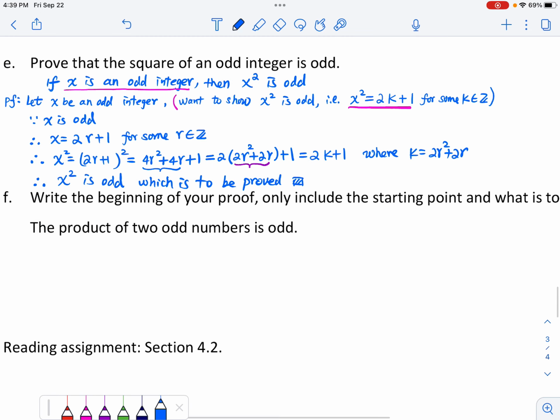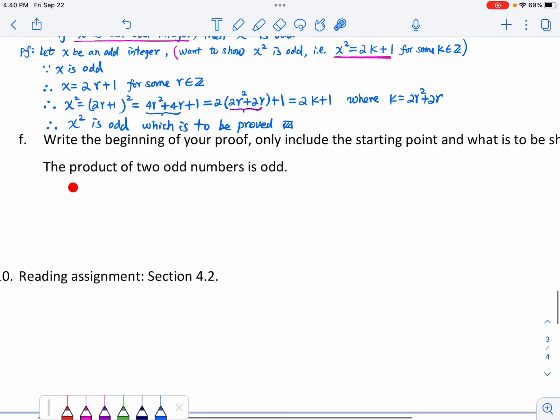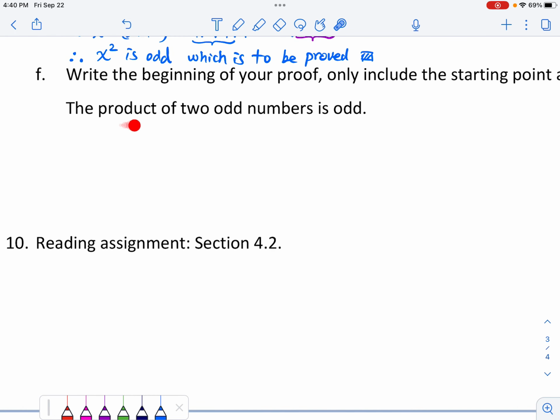All right, let's quickly take a look at the next one. Right at the beginning of your proof, only include the starting points and what is to be shown. You don't have to finish your proof, but you're welcome to. Here, the product of two odd numbers is odd. Because we have two odd numbers, we need two variables. Let's first rewrite that into a universal conditional statement.